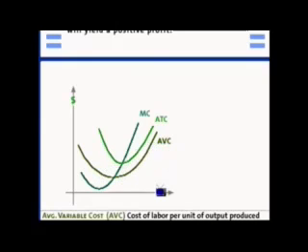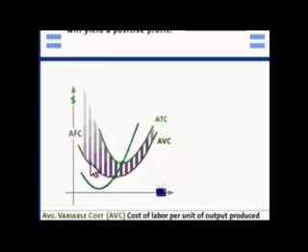Average variable cost plus average fixed cost equals average total cost. And why is it that the average total cost curve and the average variable cost curve get closer and closer as output increases? It's because average fixed cost is headed towards zero as we spread the fixed cost out over more and more units of output.